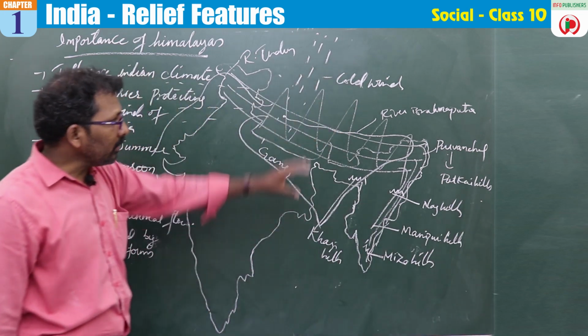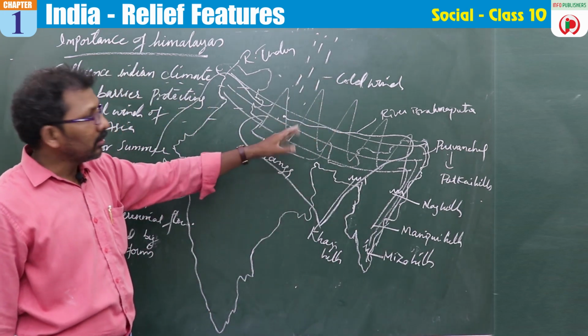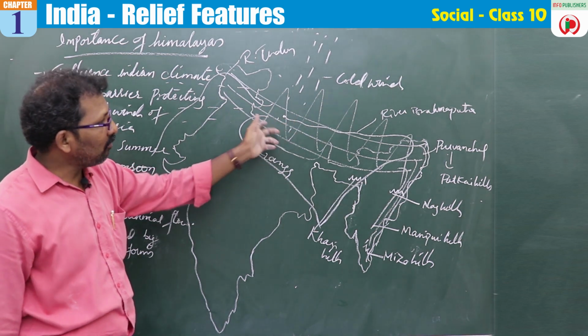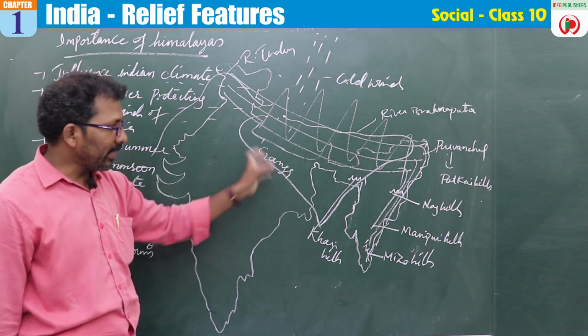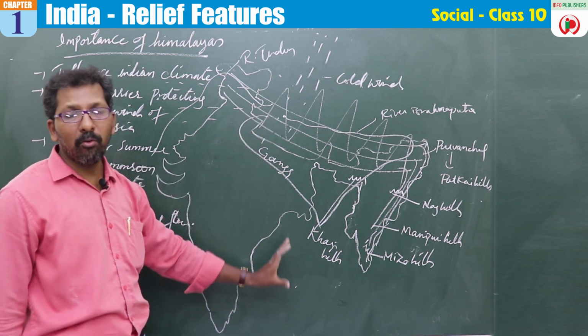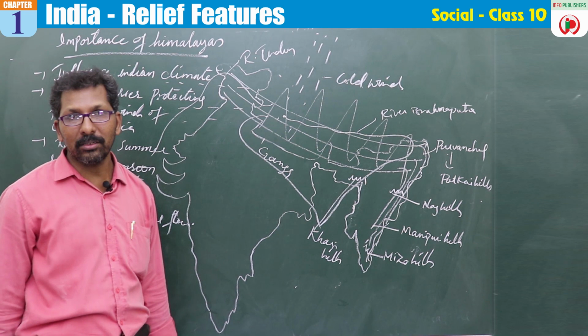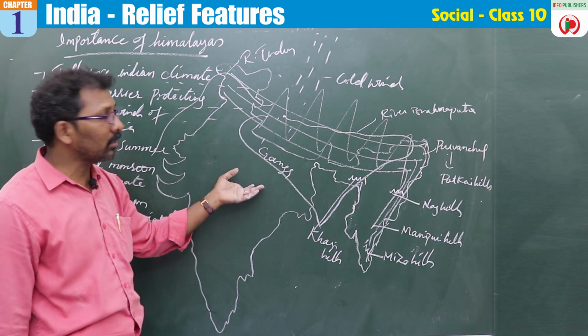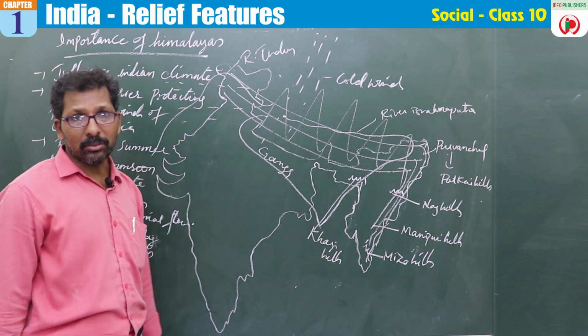All these rivers emerge from the Himalayas, and they flow in different directions and end up in the seas. These rivers flow continuously throughout the year. And there are many tributaries also for these Himalayan rivers.